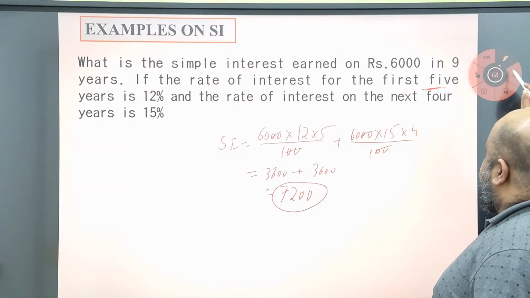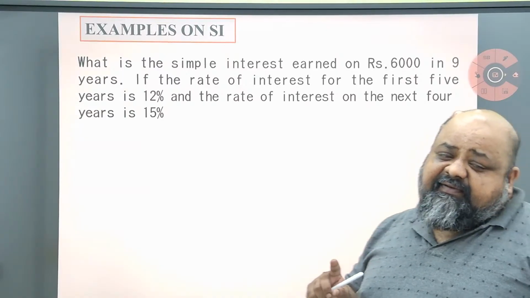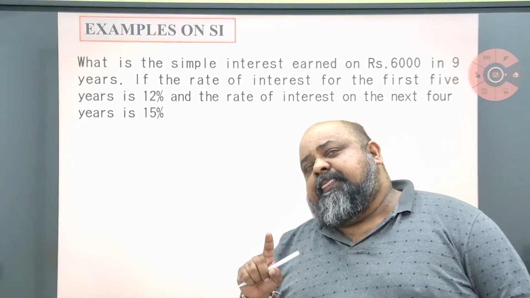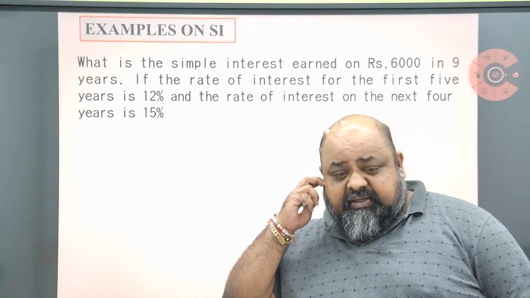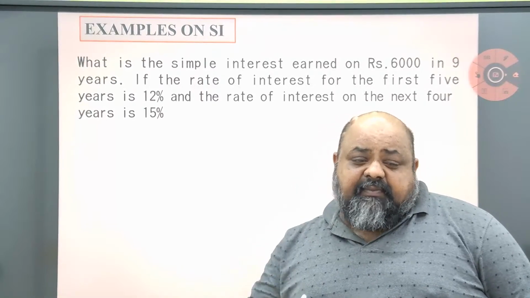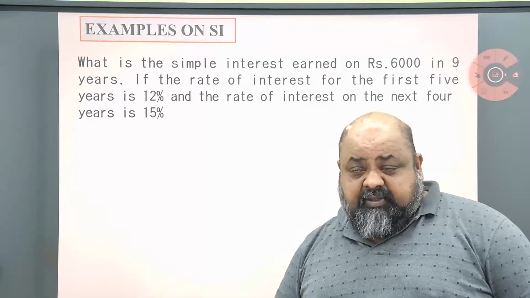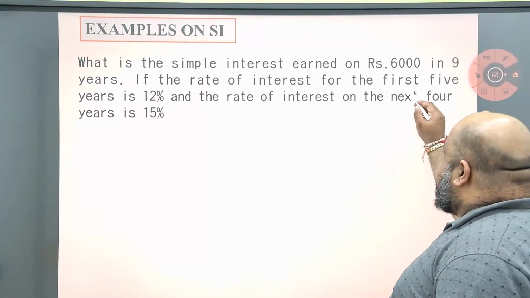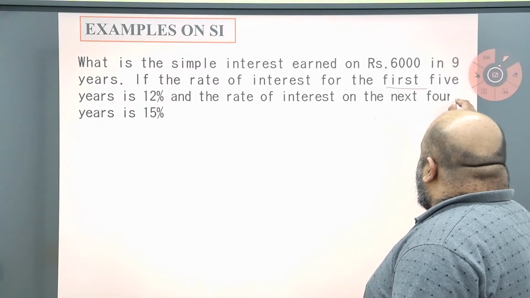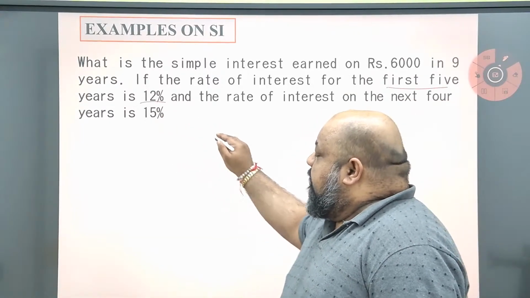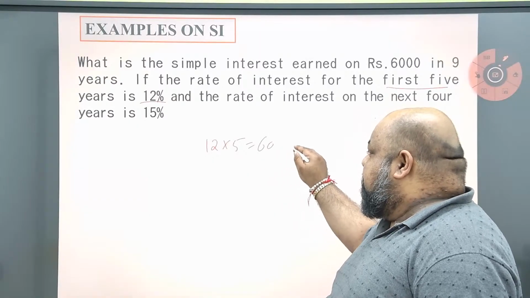Or what I would have done was, I could have said, see, if I'm getting 12% for 1 year, in 2 years I'll get 12% plus 12%, 24%. In 3 years I'll get 12% of P, 12% of P, 12% of P, 36% of P. And therefore we can say in the first 5 years, we will get 12 into 5, 60% as interest.